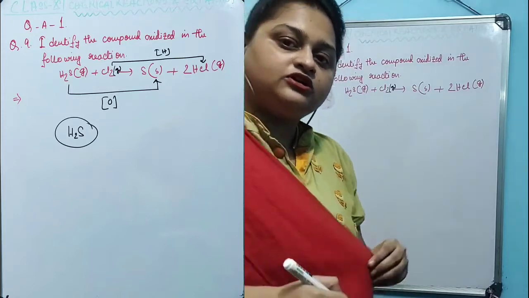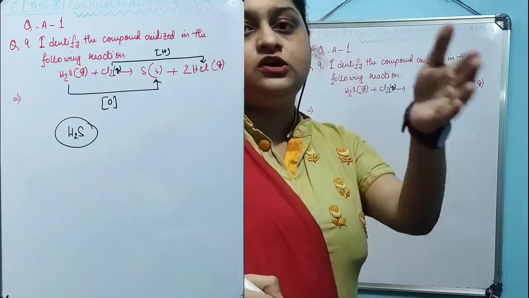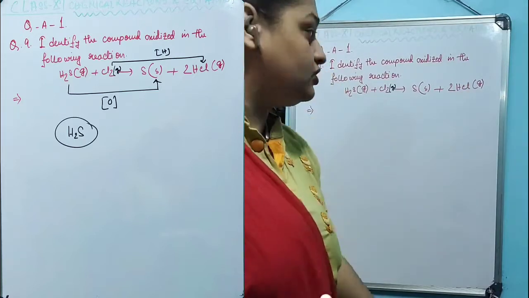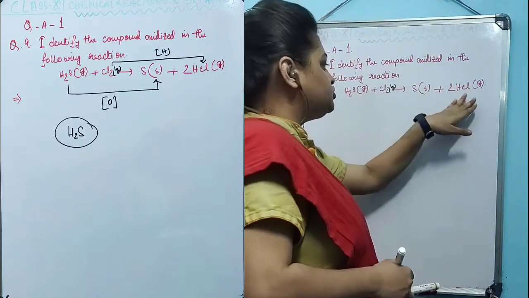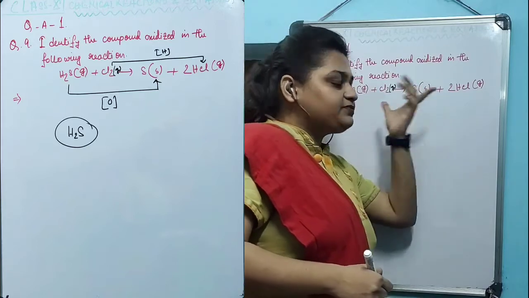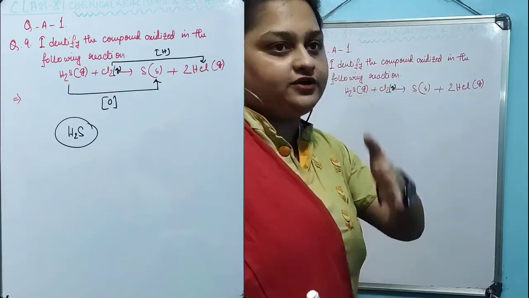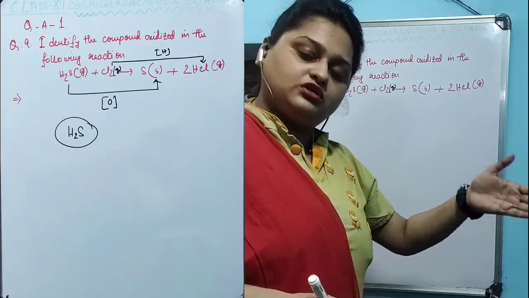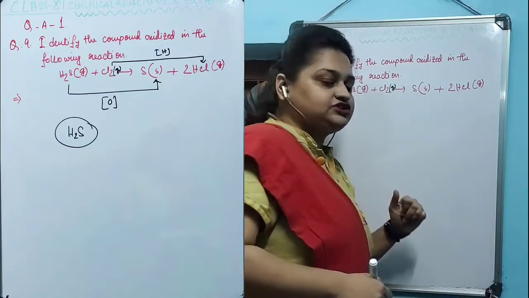Now I am not considering the loss of oxygen or addition of oxygen, because there is no loss or addition of oxygen in this particular reaction. Only the loss or addition of hydrogen is considered in this reaction.